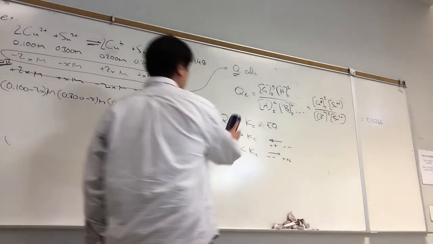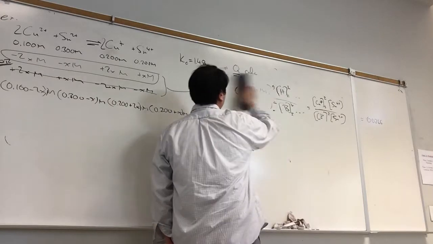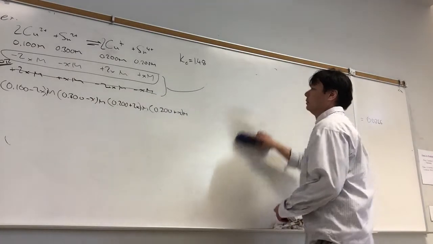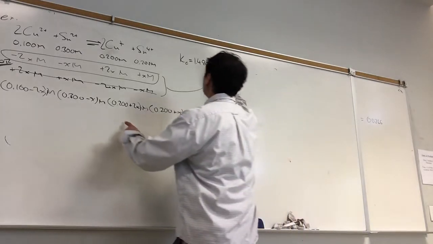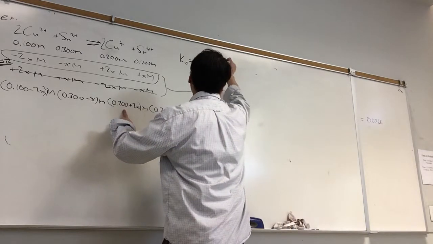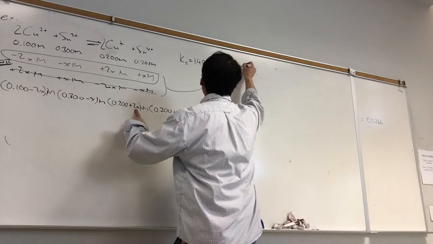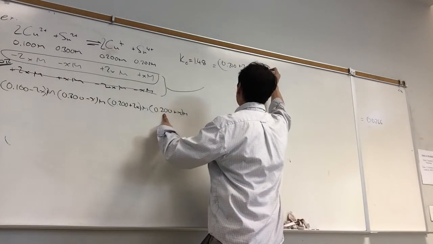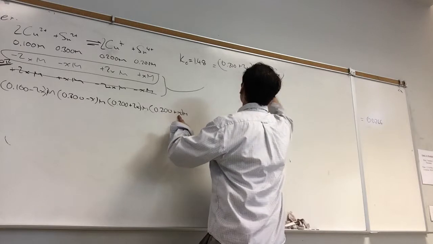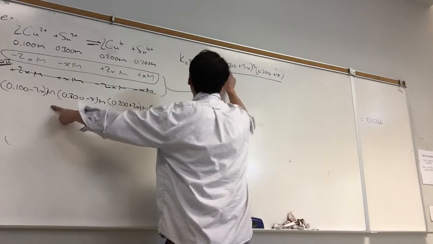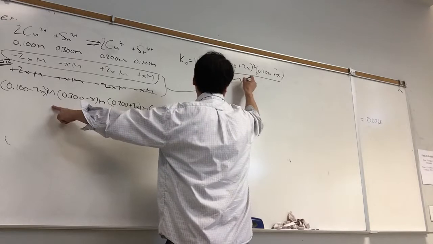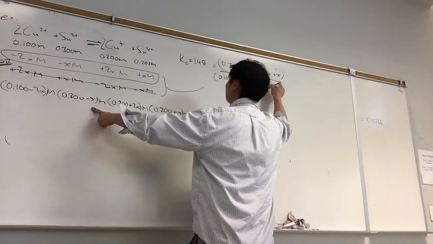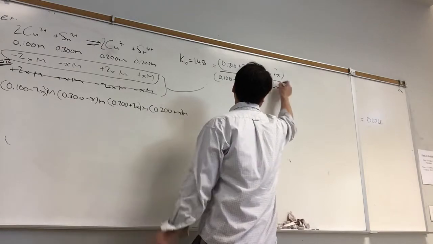Okay, then what we'll do is we'll just plug it into K and figure it out there. We'll plug this in for KC. You're going to get 0.200 plus 2x squared times 0.200 plus x, divided by 0.100 minus 2x squared, then 0.300 minus x.